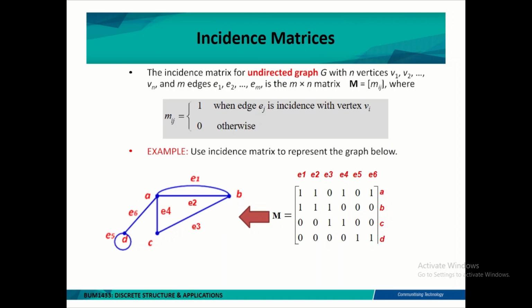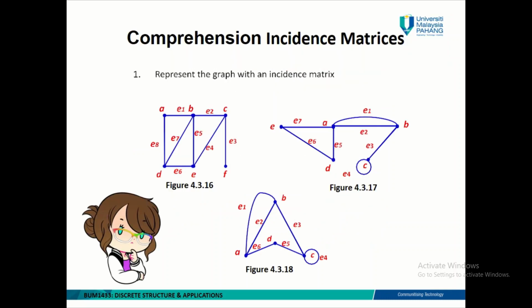So you have the graph here with the incidence matrix M here. So this is the final answer. So this is for the incidence matrices. This is the comprehension for the incidence matrices.